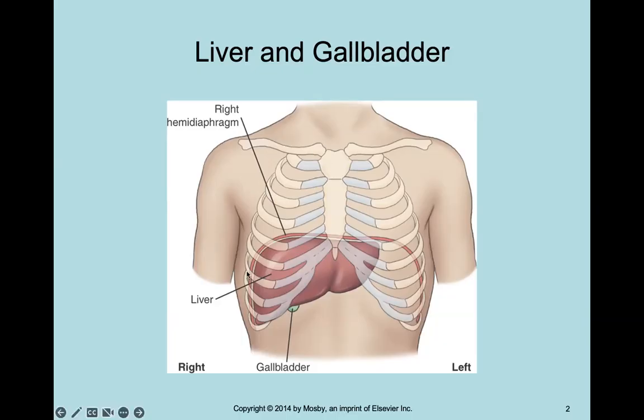It's important that you know, and you learned this when you were reviewing the abdomen in your previous courses, the different quadrants: right upper quadrant, left upper quadrant, left lower quadrant, right lower quadrant. It is important that you have a general idea where these organs lie. The liver is located in the right upper quadrant, and the spleen is located in the left upper quadrant.